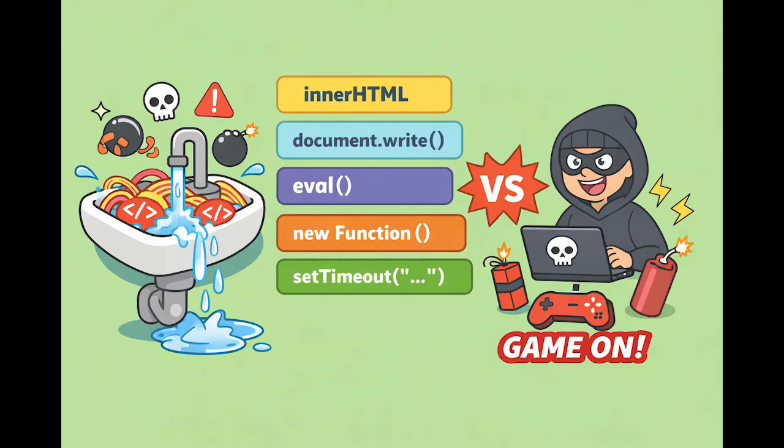Common sinks. Sinks are the places where strings can become HTML or code, like innerHTML, document.write, eval, new Function, or setTimeout. If attacker input reaches one of these without proper handling, it's game time.